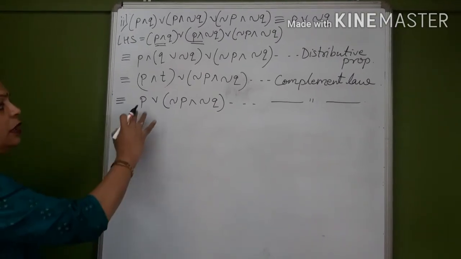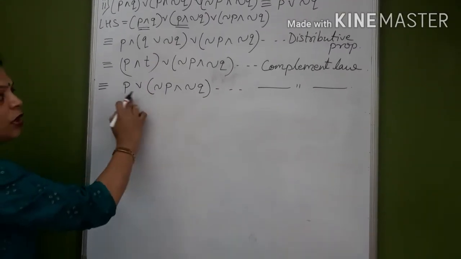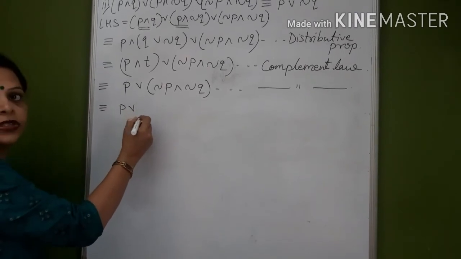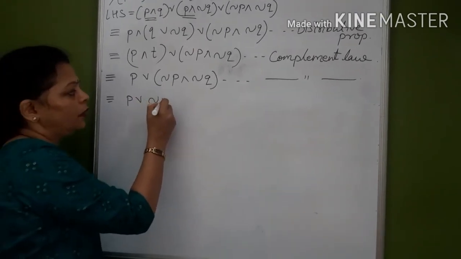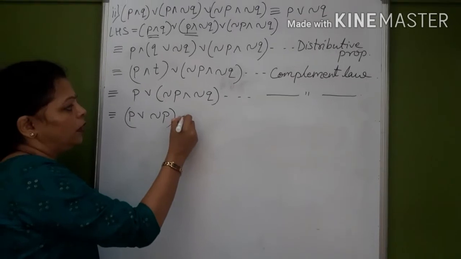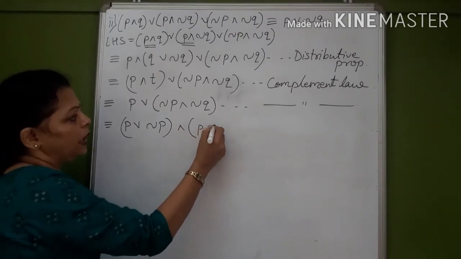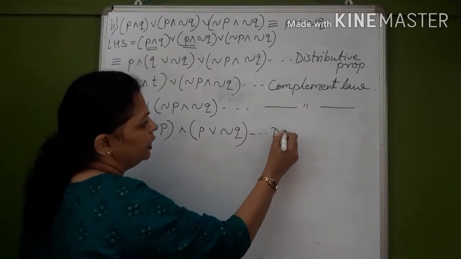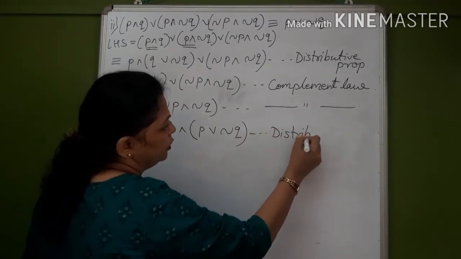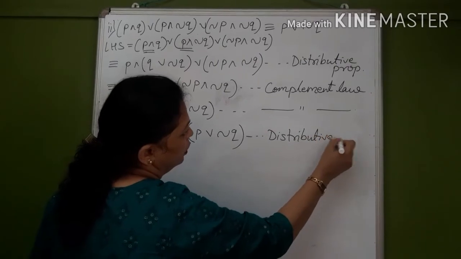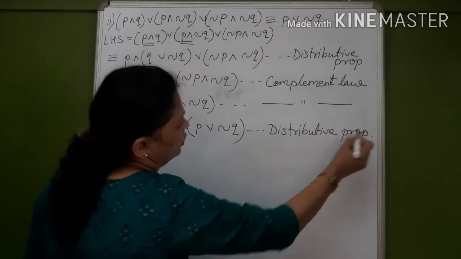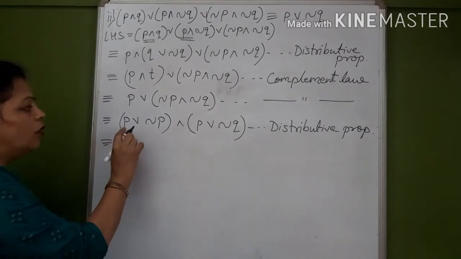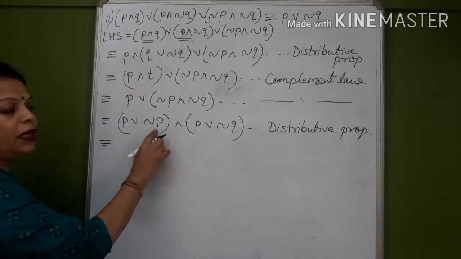Now see over here you got P or (negation P and negation Q). So what can we do? Distribute, solve these brackets. So we'll get P or negation P and P or negation Q. Again, which property? Distributive property. Now, what will be P or negation P?